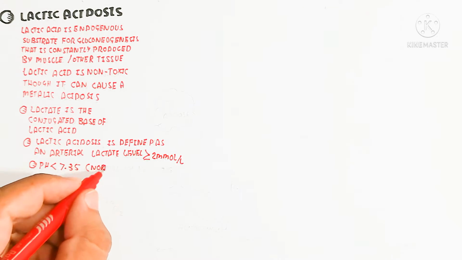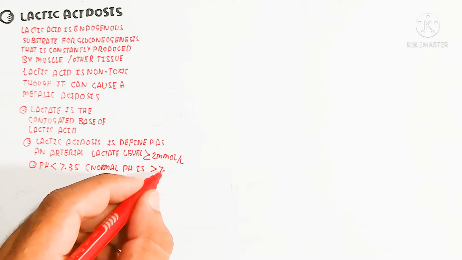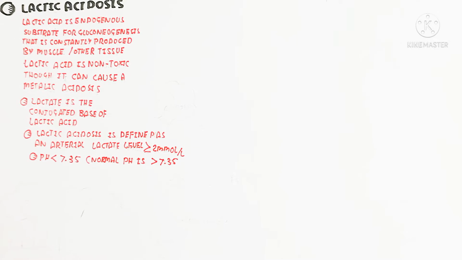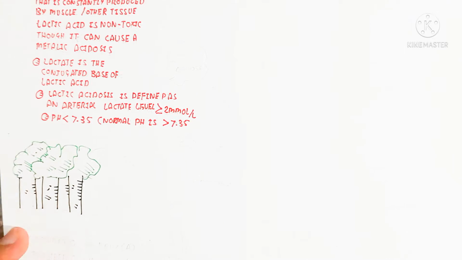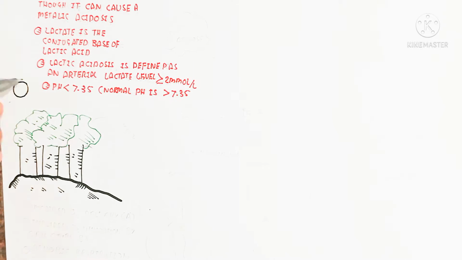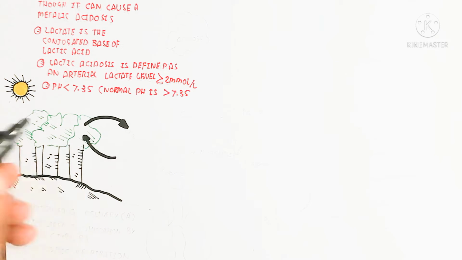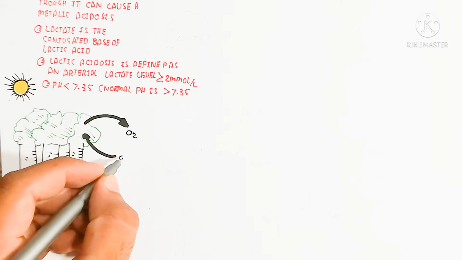If it is less than 2 millimole per liter, it means normal. So an increase of the value will cause side effects. The pH should be more than 7.35, but in lactic acidosis the pH is less than 7.35.